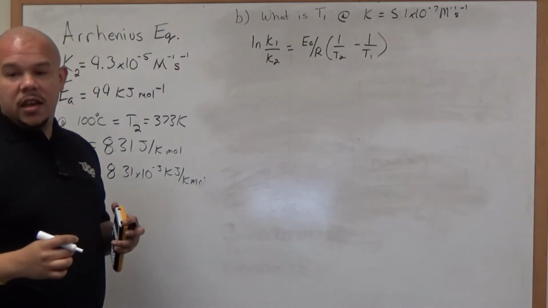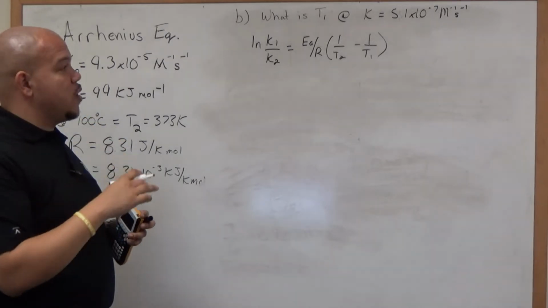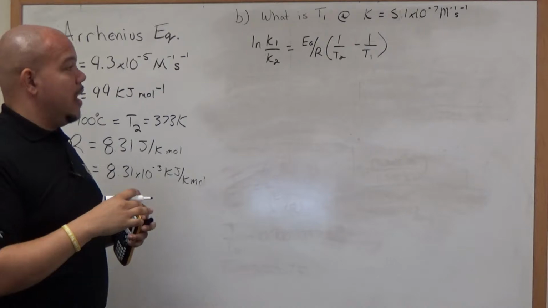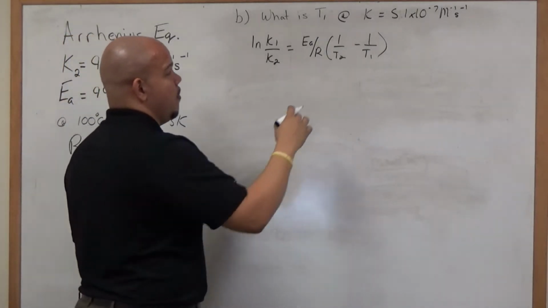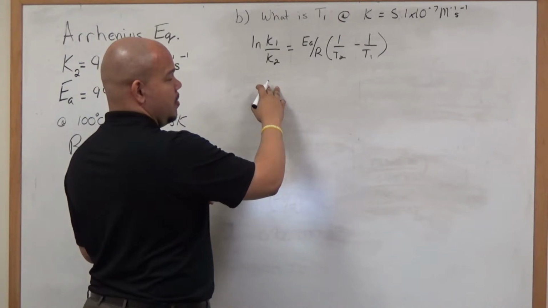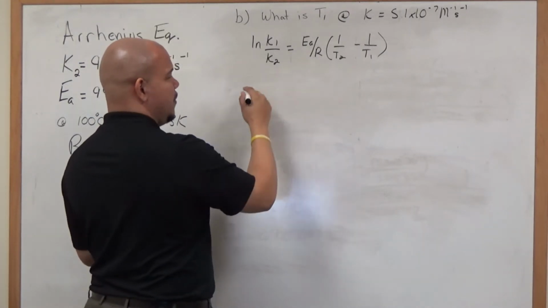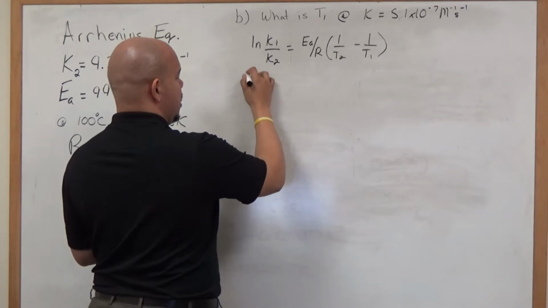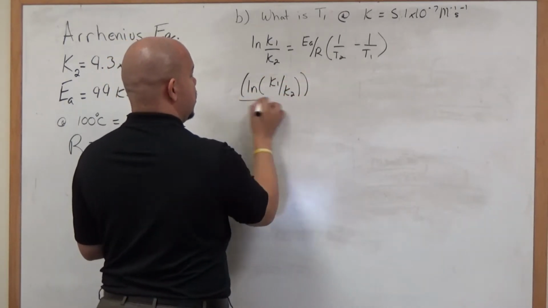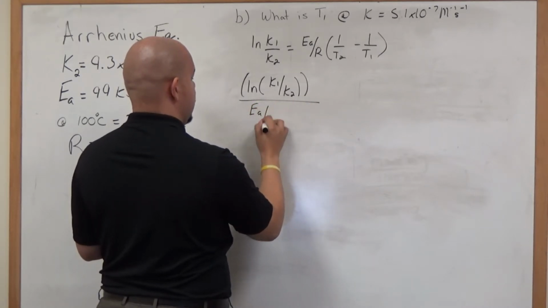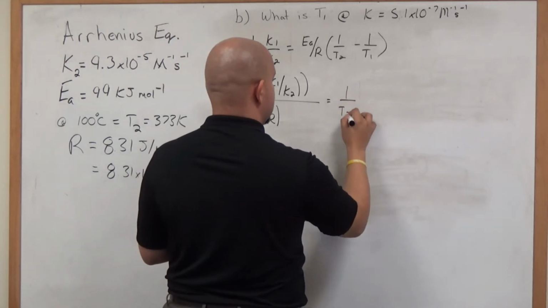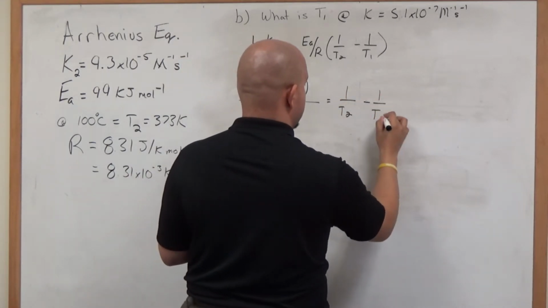What we can see is that with the initial rearrangement, if we divide both sides by activation energy, we end up with ln of K1 over K2 divided by EA over R equals 1 over T2 minus 1 over T1.